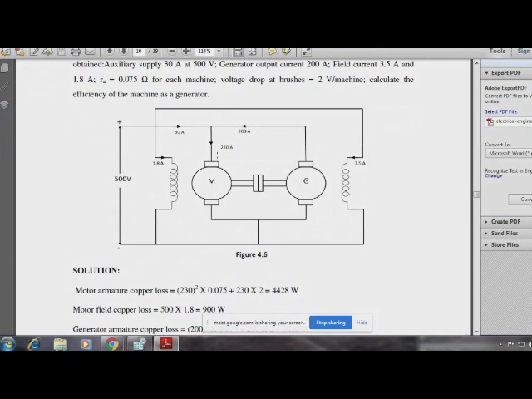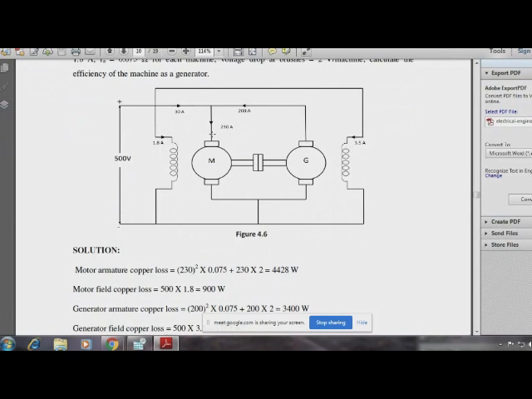The armature current is 230. And if you look at the diagram, 200 amps is supplied by the armature of generator. 30 amps is taken from the mains. Therefore, 230 amp is the armature current in the motor.